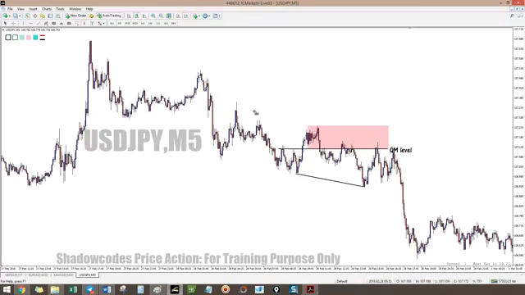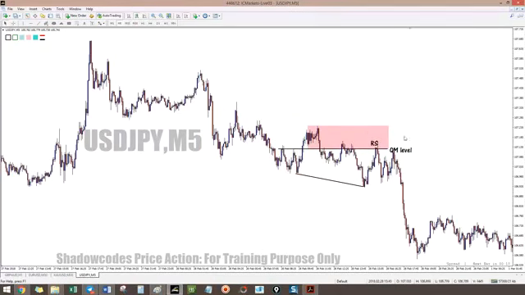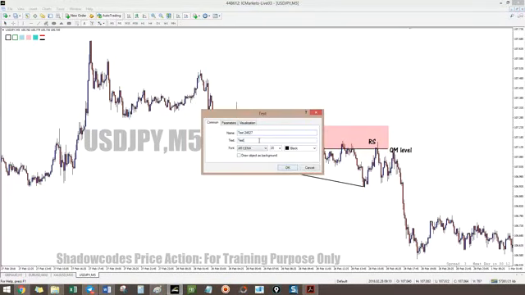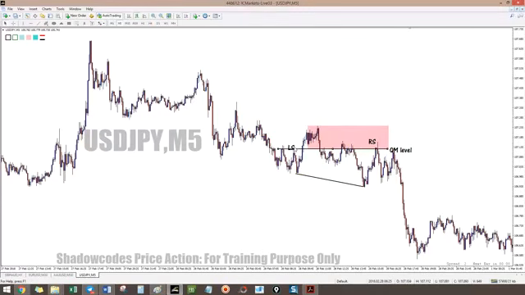This will be our RS over here. Our high or left shoulder, LS. And this is our head.